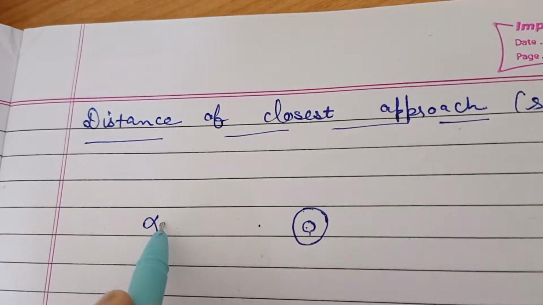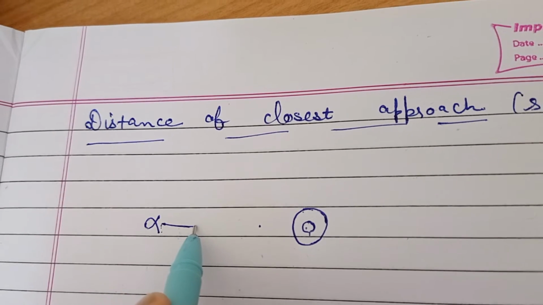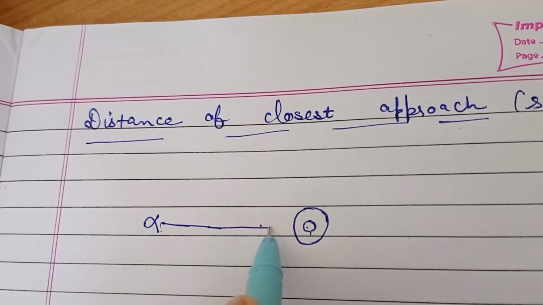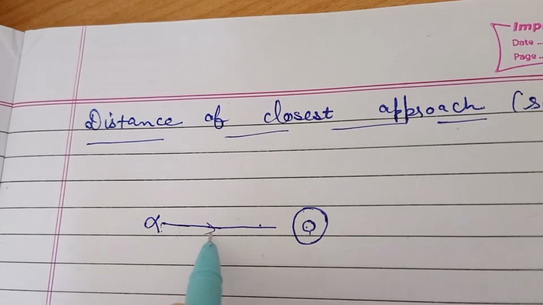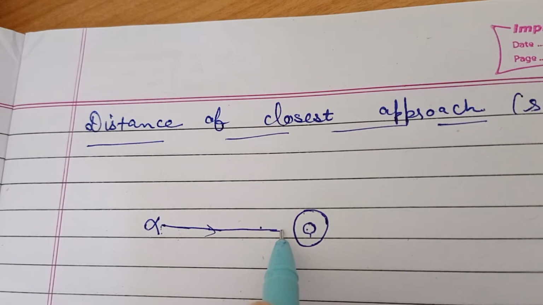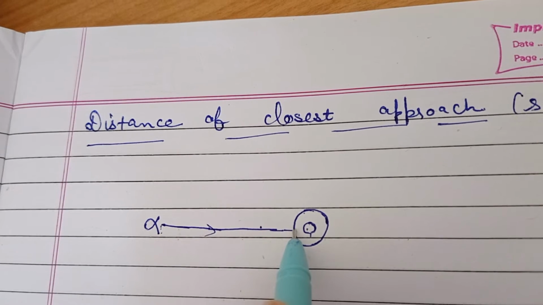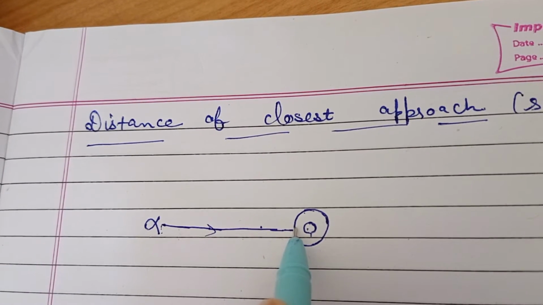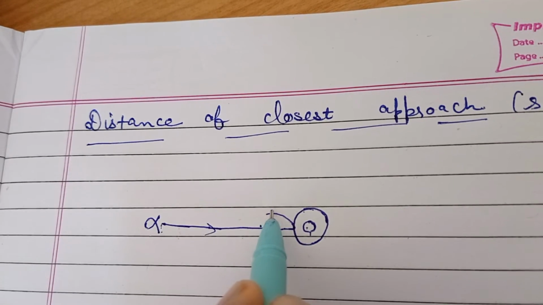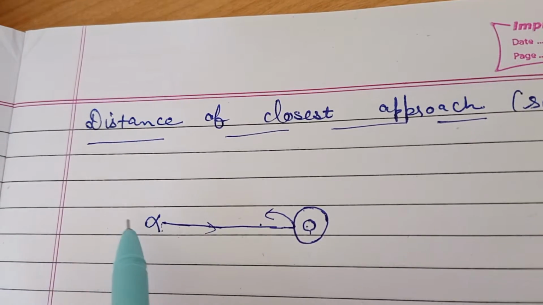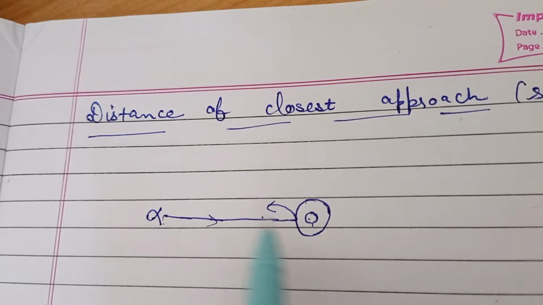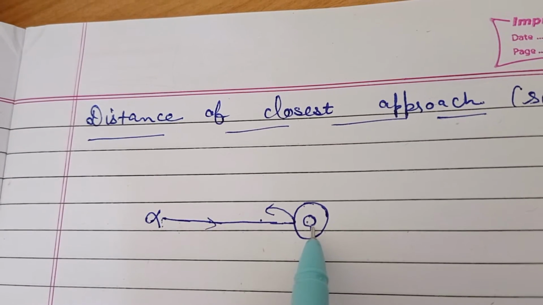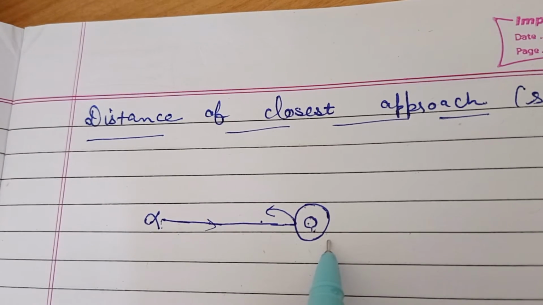So whenever the alpha particle approaches the nucleus of the gold atom, it will reach up to a minimum distance. After that it will get reflected back, because the alpha particle and the nucleus of the gold atom both have positive charge.